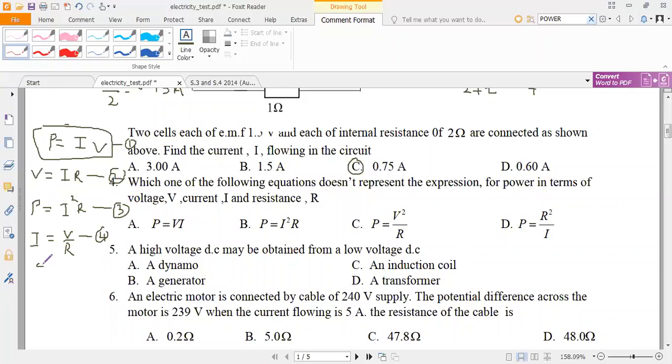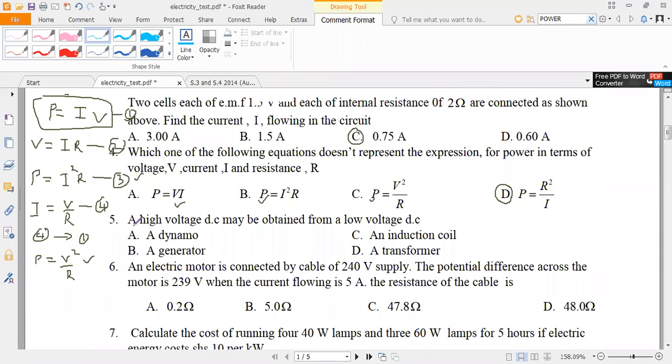If we substitute 4 into equation 1, we shall end up having power as being equivalent to V squared out of R. So if we come back to the options we are given here, this is a correct option because this is the same as power is equal to IV. This option of I squared R is correct. Even the option of V squared out of R is correct. So the only wrong option here is this one. This is a wrong expression of power.